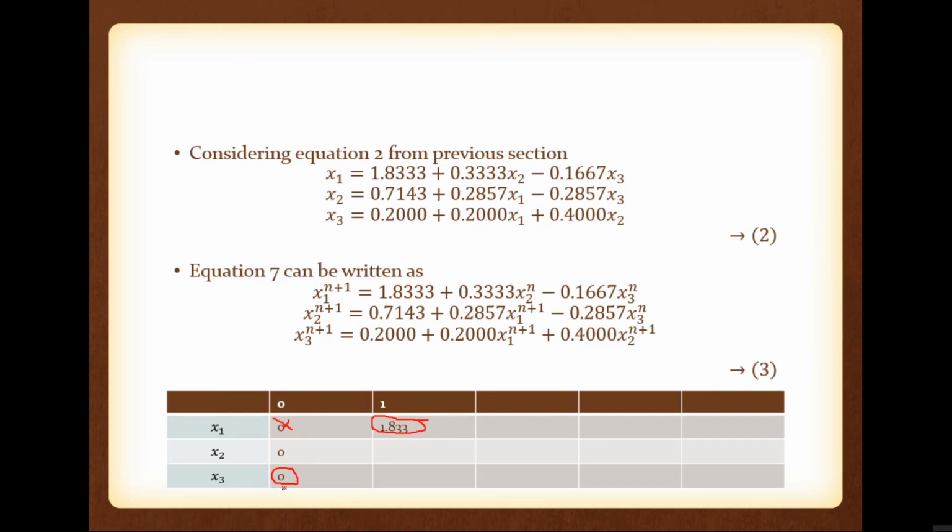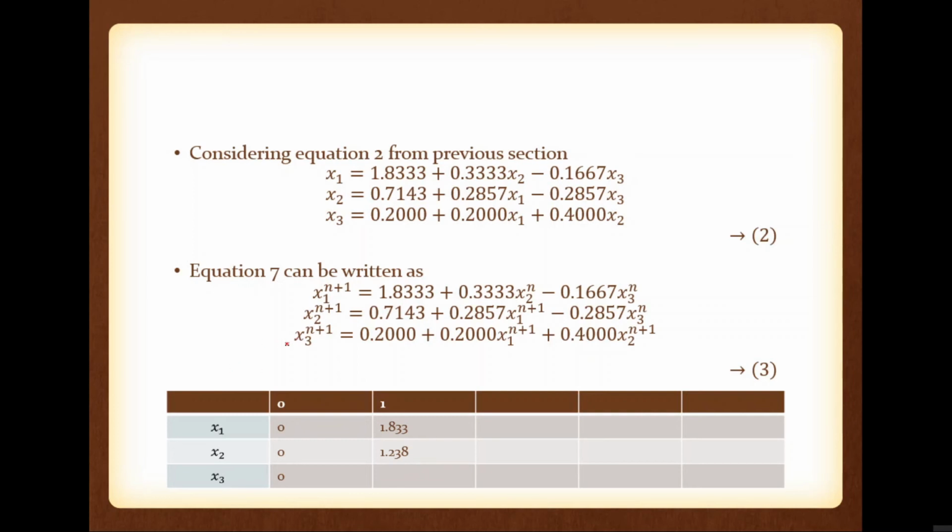Then for x3, we have to use 0. So x2n plus 1 is 0.714 plus 0.286 into 1.833 minus 0.286 into 0, this 0. So what is the value? Here we have 1.238. So that is the value of x2.